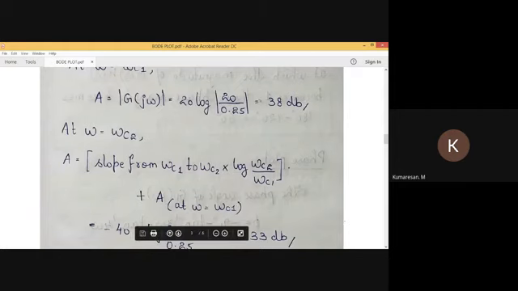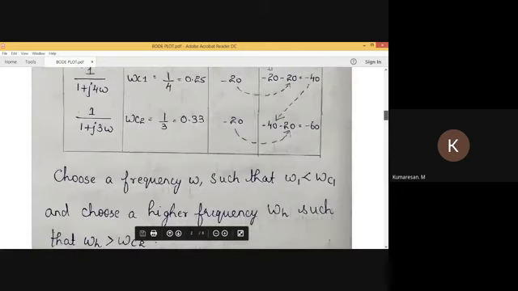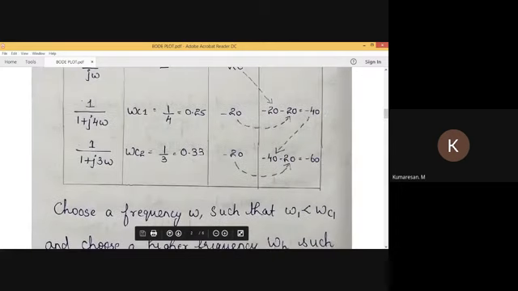So now we are going to substitute the values. The slope change from omega C1 to omega C2 is -40. It starts to change from the second to the third.